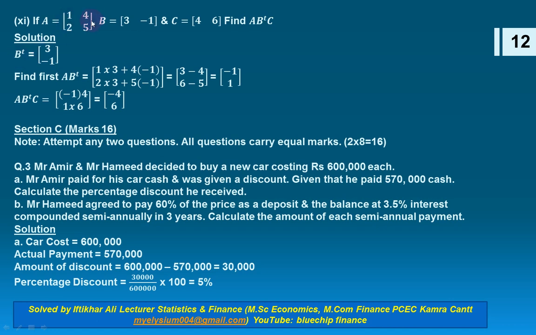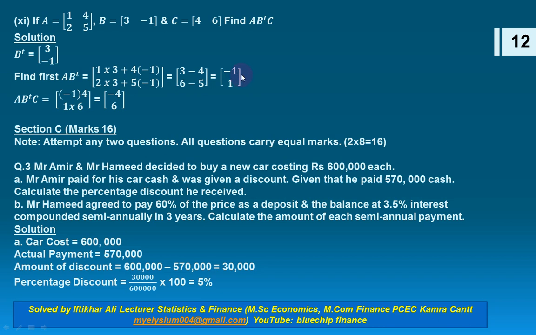First row, first column, there is no second column, so 1 multiplied by 3 plus 4 multiplied by minus 1, and 2 multiplied by 3 plus 5 multiplied by minus 1, and the result is minus 1 and 1. So A multiplied by B transpose is minus 1 and 1.